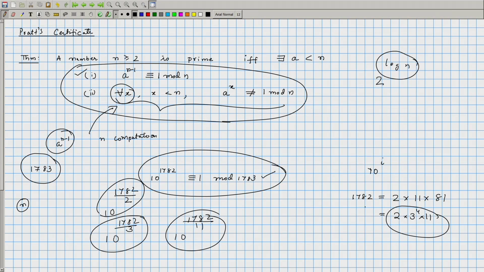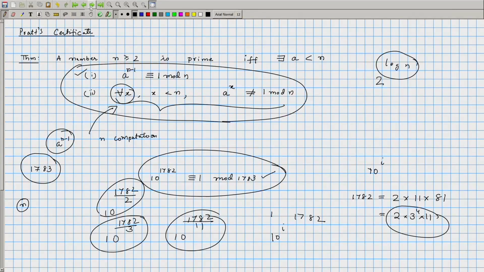What we will show is, if none of these are 1, then there cannot be any other number between 1 and 1782 such that 10 to the i is going to be 1. So, we need not check all the 1782 numbers, we need to just check 3 numbers, the 3 numbers being 1782 by p_i, where p_i is a prime factor of 1782.